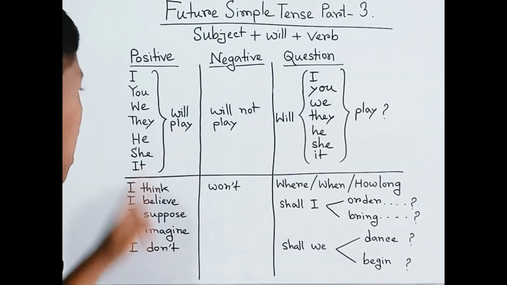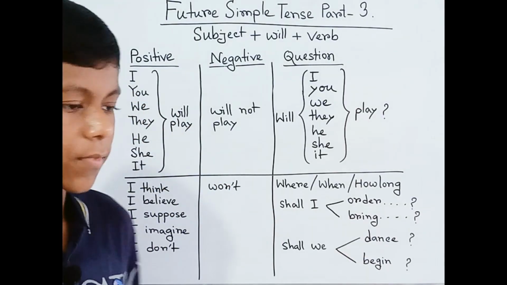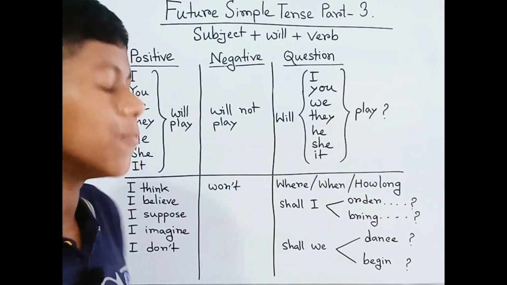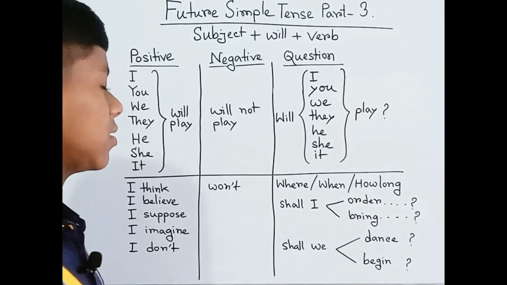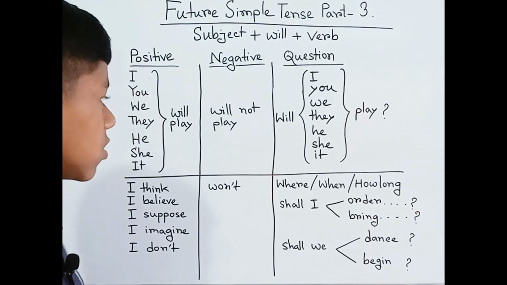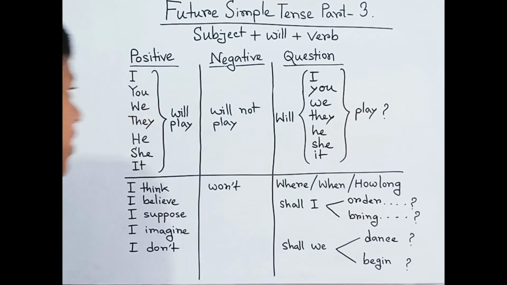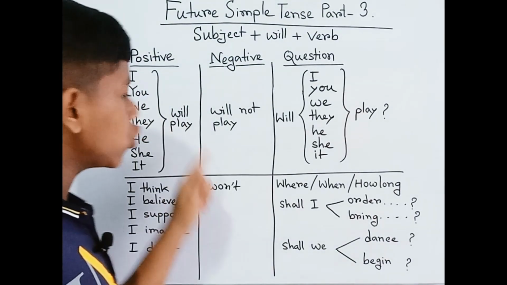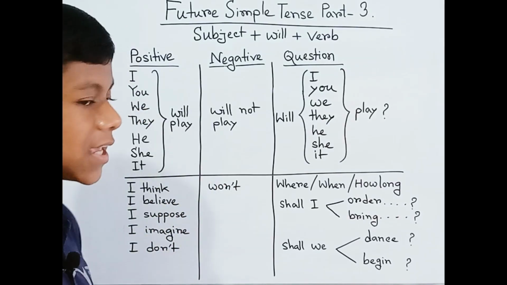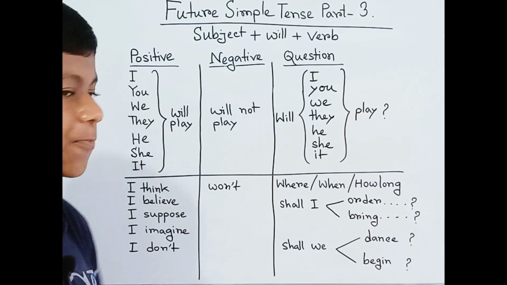You can also say I will not play, you will not play, we will not play, they will not play, and so on, but it may take time because time is valuable. So instead of will not, we can use won't. Just repeat with me: I won't play, you won't play, we won't play, they won't play, he won't play, she won't play, it won't play.